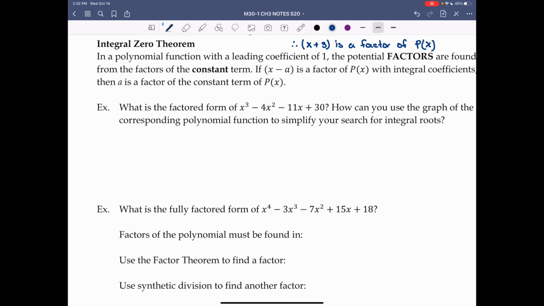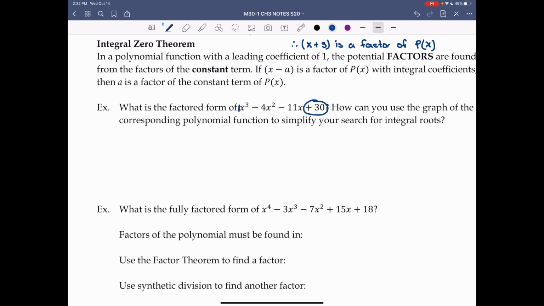For our integral zero theorem, we have a polynomial with a leading coefficient of 1. This would be 1x to the power of 3, so leading coefficient of 1. Then it says the potential factors are found from the factors of the constant term. Our constant term of p of x is 30.